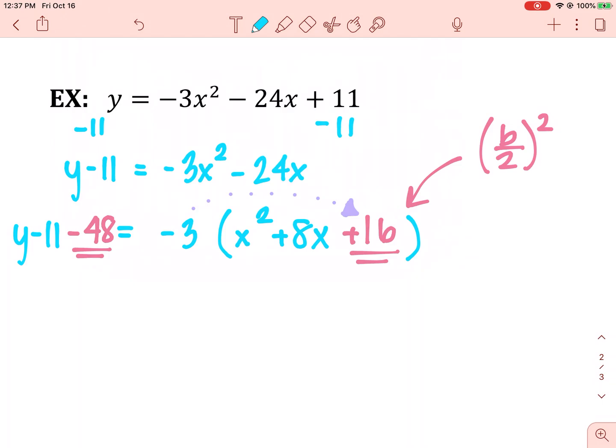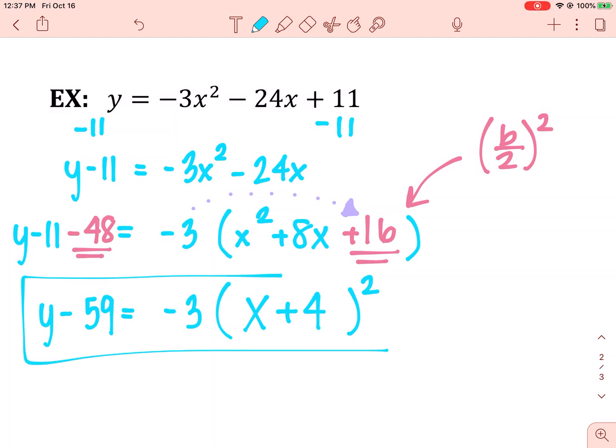Let's see if I did it right. I get y minus, that'd be 59, equals negative 3 times, let's see if I can factor that to get a term squared. It would be x plus 4. This is now vertex form.